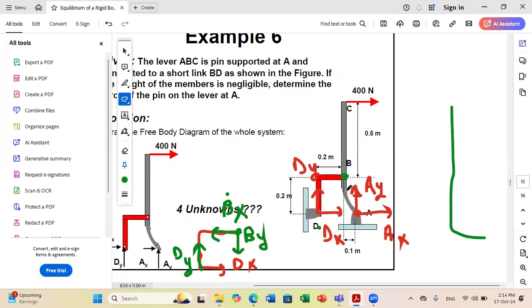I take the opposite forces, because the force of ABC on BD is opposite to the force of BD on ABC. So now if I consider BX on BD to the left, here it should be to the right. And if I consider BY here downward, here it should be upward.